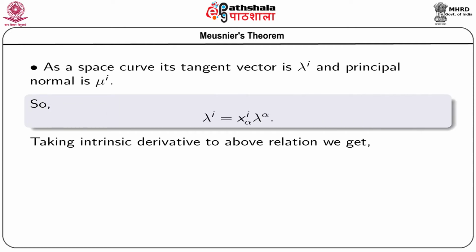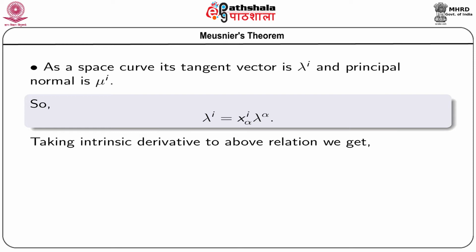Now, as a space curve, its tangent vector is denoted by lambda I and principal normal vector is mu I, and they are both unit vectors. So, lambda I is related with lambda alpha by the relation lambda I equals xi alpha lambda alpha.